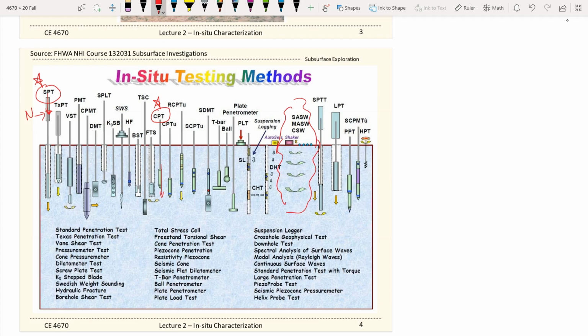Those are geophysical methods, correlating the geophysical parameters with the soil properties that we want to find out. So this will be much more advanced. For sure, this will be at graduate level. If you want to learn more about those non-destructive testing methods, you either need to go to grad school or maybe do some research project that will try to advance this type of technology.